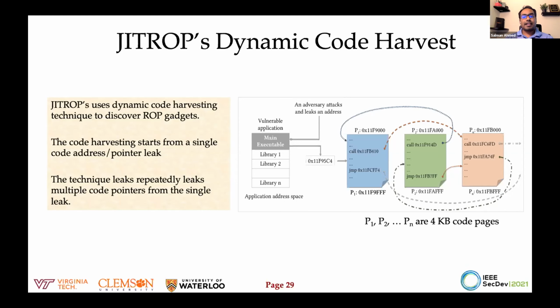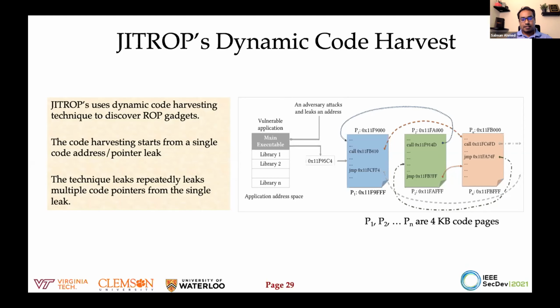Those targets can be another memory leak, because that particular address can also be used to read another 4 kilobyte code page. When we read that other code page, we can get more call and jump instructions. And since we can read the code pages, we can also get the return-oriented programming gadgets from these code pages.